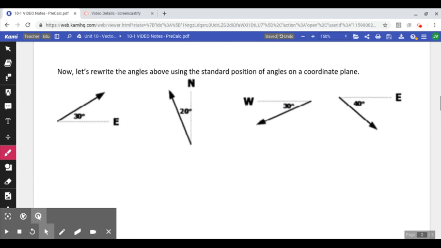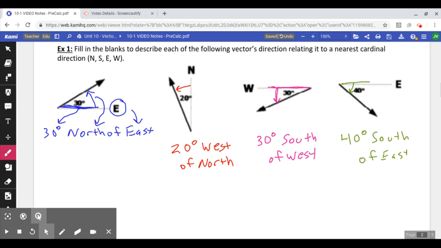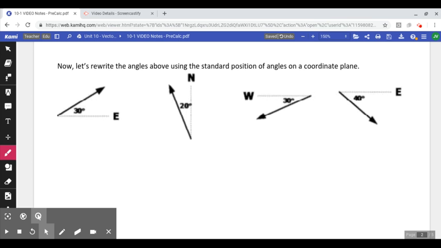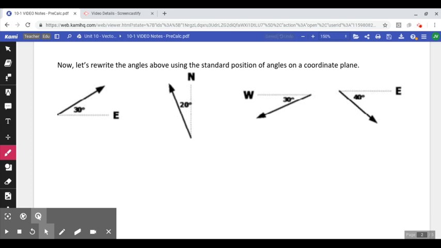All right, so we're going to rewrite each of these in standard position, and we're going to actually state the degrees for each one of these in standard position. We've got all different kinds of references here: east, north, west, east, and south. But to make things standard, it's often useful to represent these in standard position.